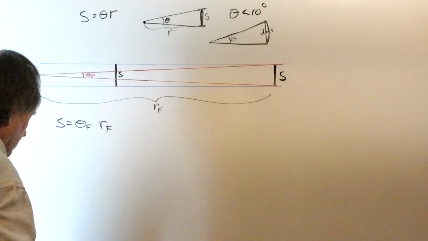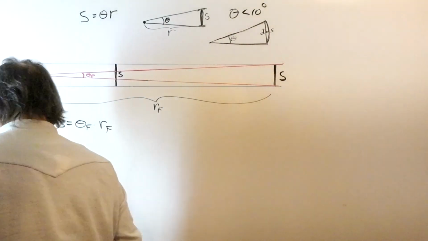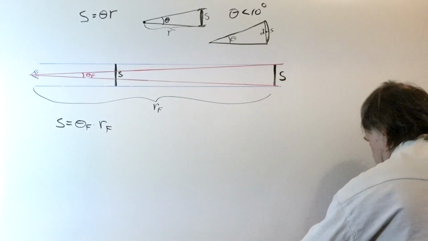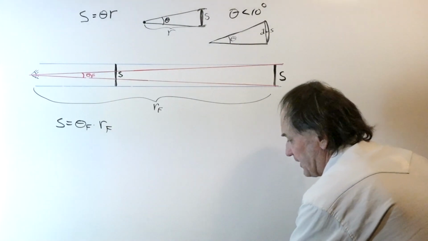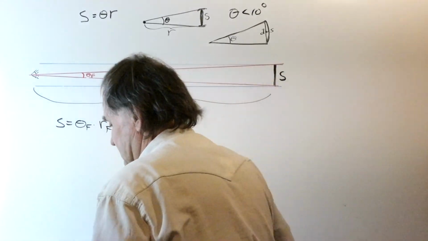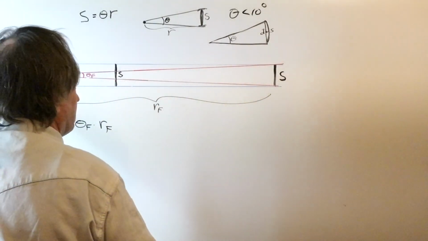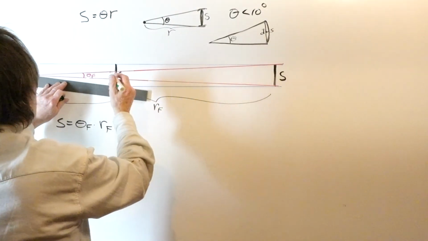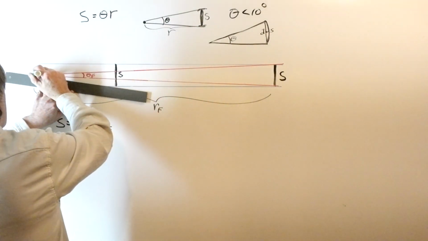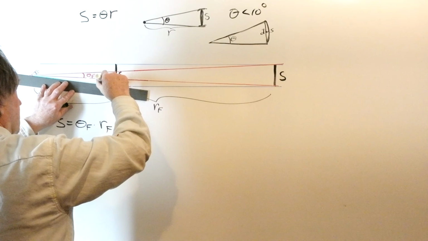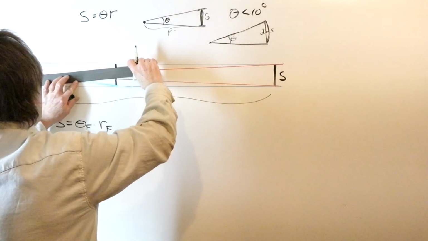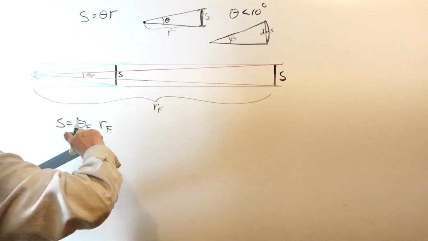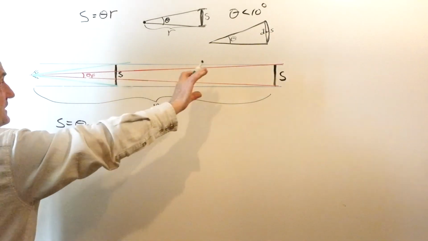So the relationship then is S is equal to theta F times RF from our equation that we derived earlier. Now, when the object is up closer to us, its angular size is actually bigger. It appears bigger to us as it gets nearer to us. And that makes sense. We've observed that in our daily lives. If we sight the top and the bottom of the object, the angular size is indeed bigger than the angular size in the distance.